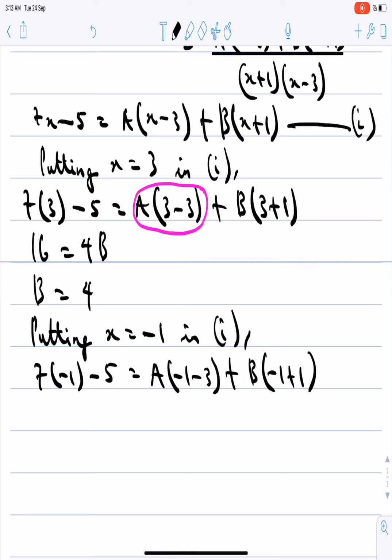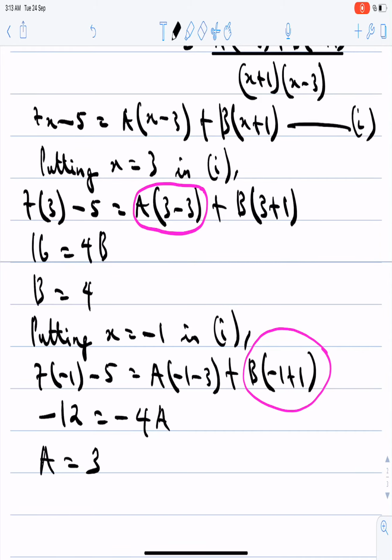And we can see that b times minus 1 plus 1 is going to be 0. Minus 1 plus 1 is 0. 0 times b is 0. So we are left with 7 times minus 1 minus 7 minus 5. That's minus 12 equals minus 1 minus 3 is minus 4 times a, minus 4a, which means a equals 3.